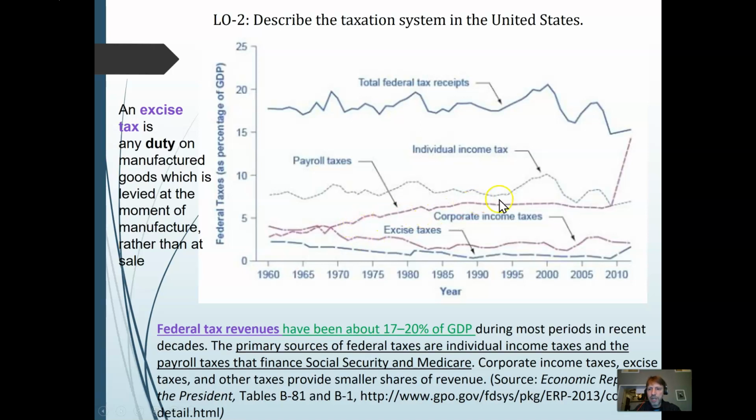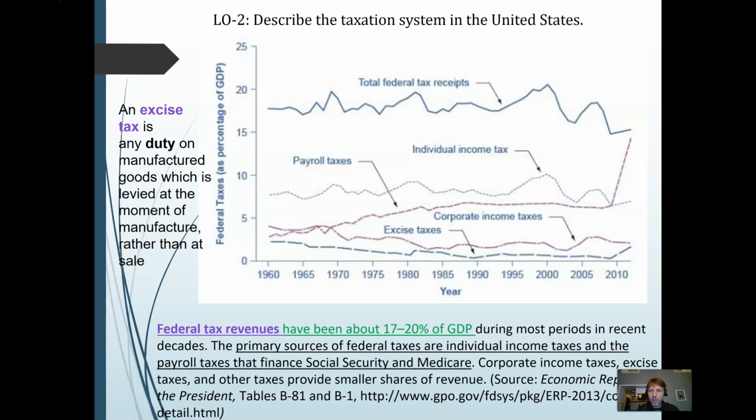There's payroll taxes, which you may not be aware of, but in addition to your individual income tax, that red dashed line right here, there's payroll taxes, things like your payment into Social Security, your payment for workers' compensation, and your employer also pays additional taxes on top of what you're charged out of your paycheck.